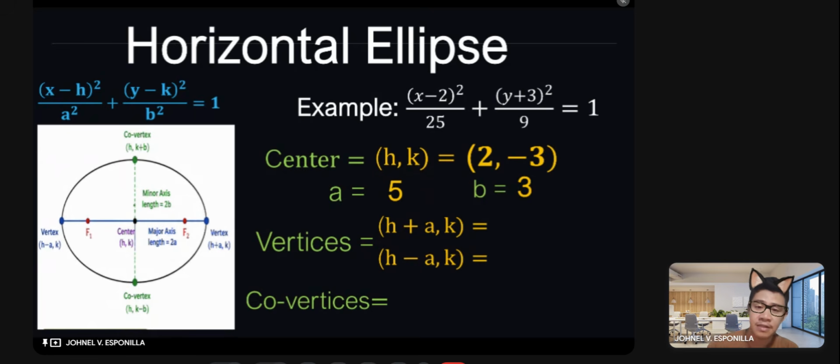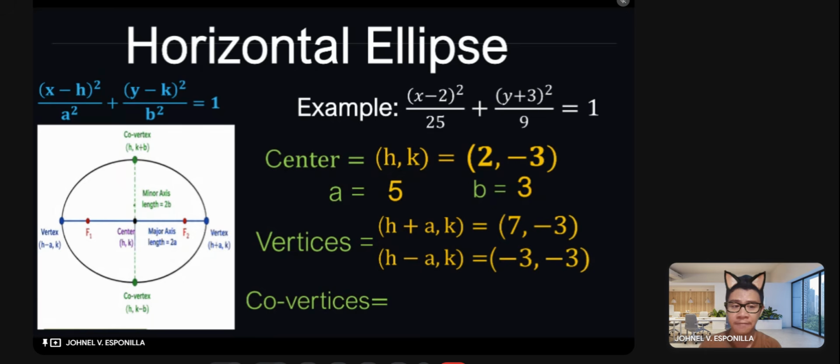Okay? So, let's compute. Yung h po natin ay 2. Yung a po natin ay 5. So, 2 plus 5, that is 7. And copy the k, which is negative 3. Okay, next vertex, 2 minus 5, that is negative 3. Copy the negative 3. So, these are now the vertices of the horizontal ellipse.